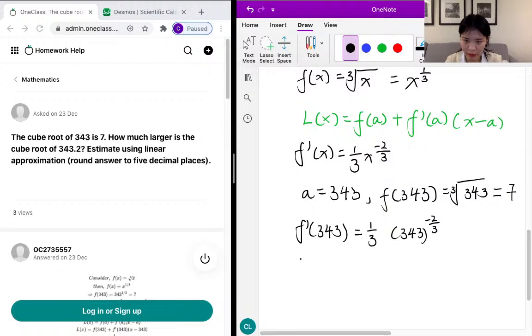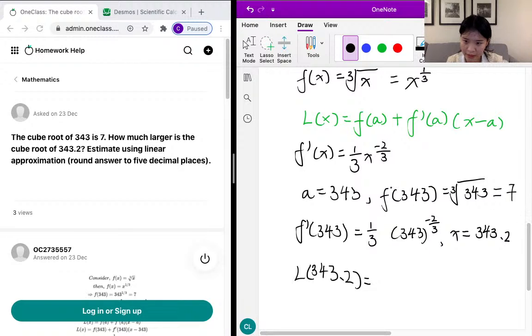So now we just use the equation. We have L of x, which is the x we want to approximate. It's 343.2. So let's write it over here. X equals 343.2, and L of 343.2 is equal to f of a, which we already know is 7.